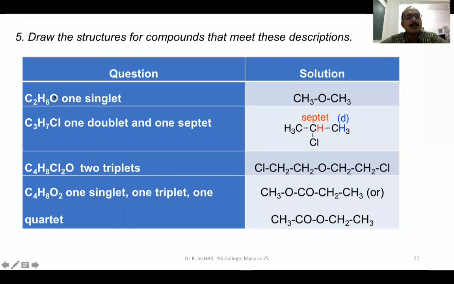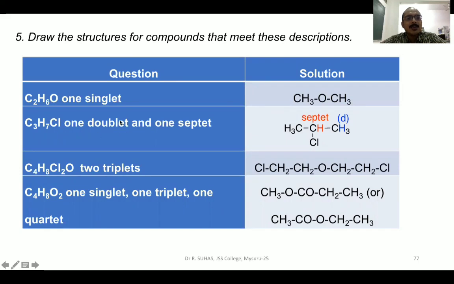So one oxygen in the middle, CH3 on one side, CH3 on the other side. So this is dimethyl ether, CH3OCH3. Both have no neighboring protons, and hence the splitting will be only a singlet, and it is a symmetric molecule. So this structure best fits this formula and the description given. We will move to the next problem.